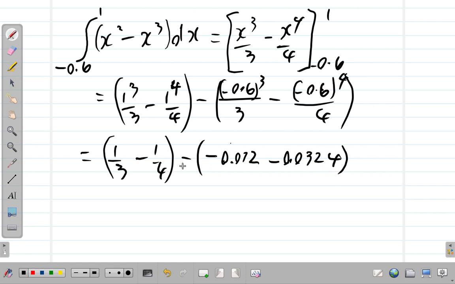Alright, so let's put this all together. 1/3 minus a quarter minus all of that. Now, we found 1/3 minus a quarter to be 1/12 before, minus this.